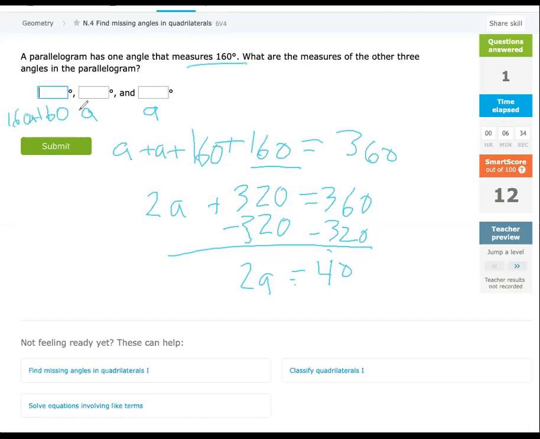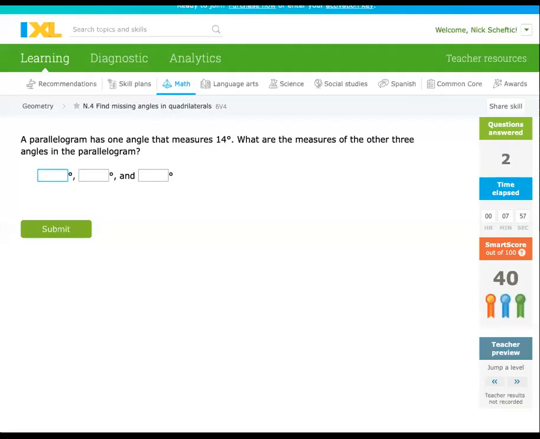So these are all adding up to 360. All right, then from here, we're just going to divide both sides by 2, and A is going to be equal to 20. So my 2 other angles are going to be 20, 20, and then 160. All right, let's look at the next one here.